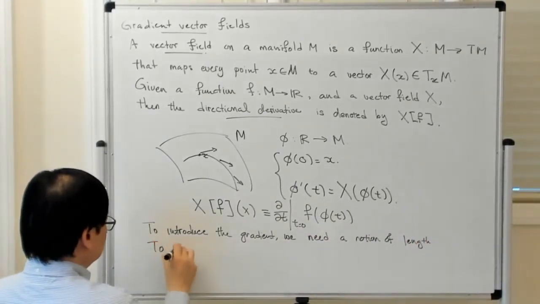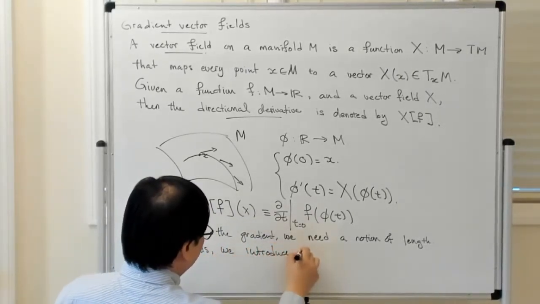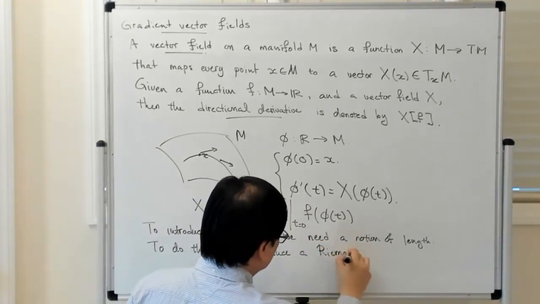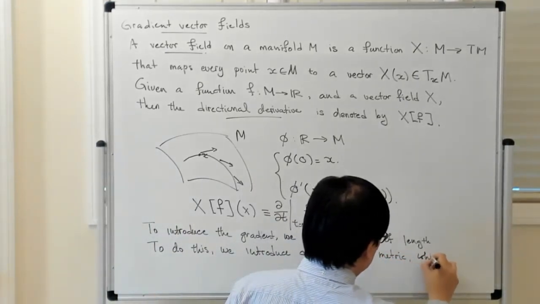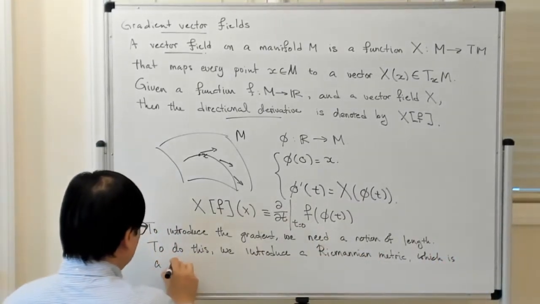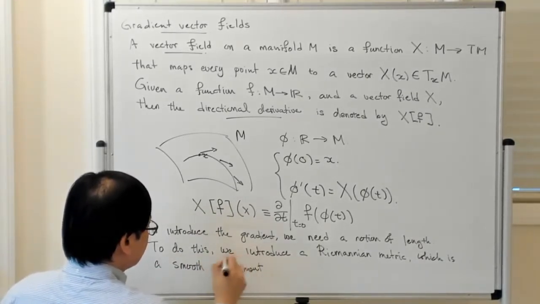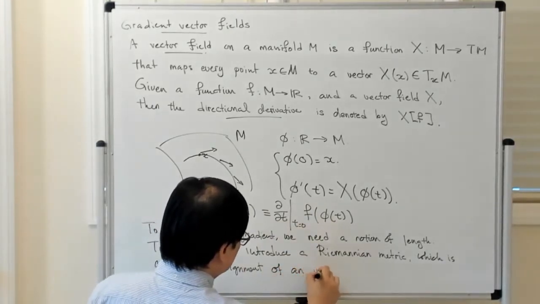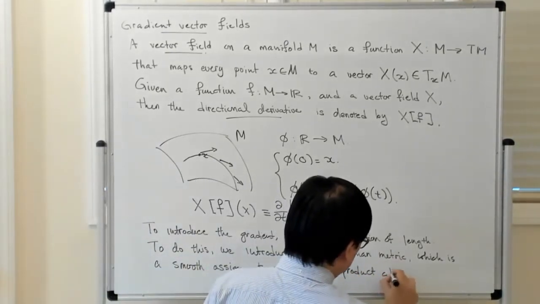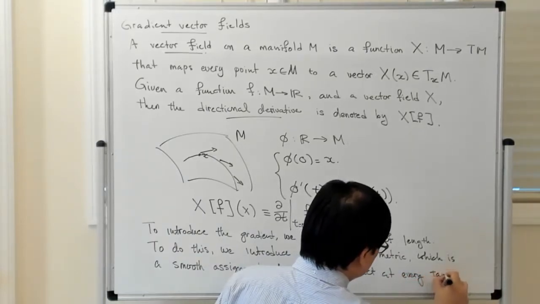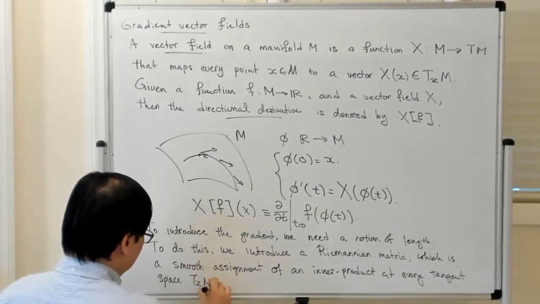To do this, we introduce a Riemannian metric, which is basically a smooth assignment of an inner product at every tangent space T_xM on the manifold.